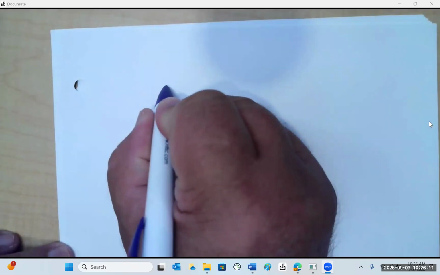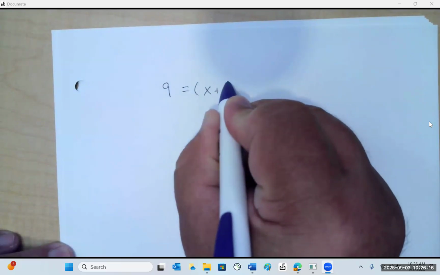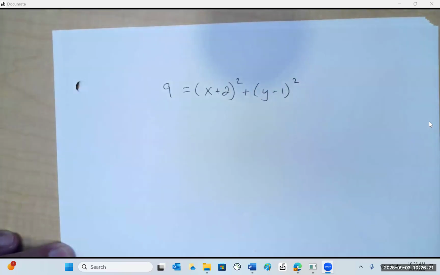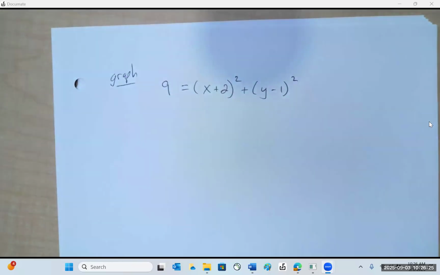Now, last thing to do is graphing. Graph this one. In order to graph it, you have to find the information we needed.